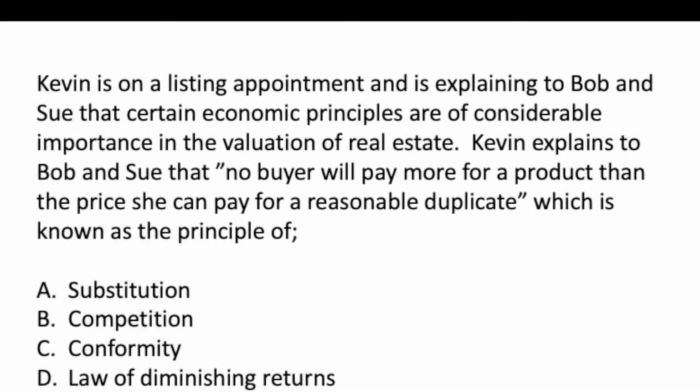Well, this is called the law of substitution. That's right, the law of substitution. So when you look at this question, you can easily understand that no consumer is going to pay more than the price they could pay for a duplicate.